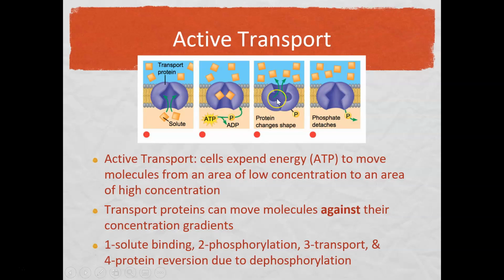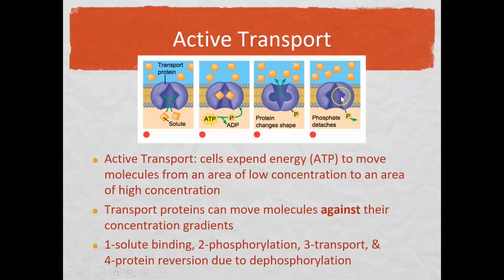When I do that, it causes that protein to change its shape, both in terms of its orientation to which side of the membrane it's open to, as well as, if you look, the bonding site to those solutes also changes.